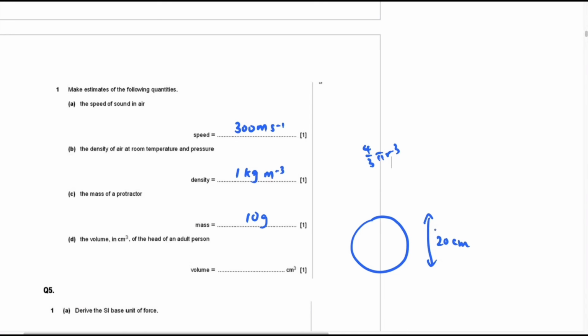If I use the calculator, 4 over 3 times pi times 10 cube, I get about 4,000 something, about 4188. What they give is about 3,000. So it's around that, 4 digit. You see, they may ask something like this, and 4 marks just for estimation.